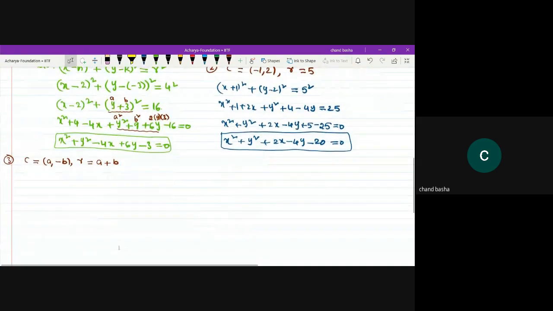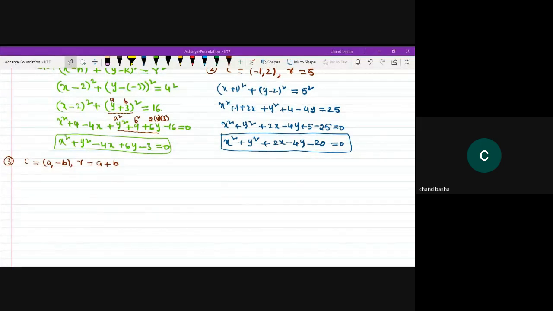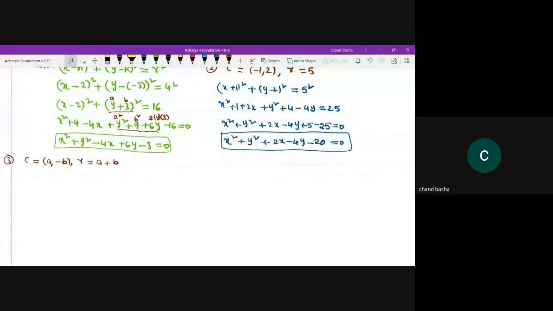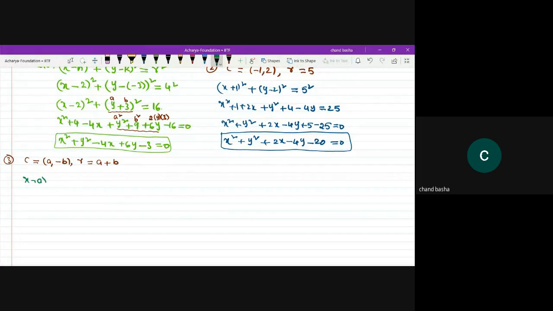Next problem, just he has given in terms of alphabets A and B. You can hopefully get the required answer. As I said, whenever we have minus sign, you will get plus in bracket.